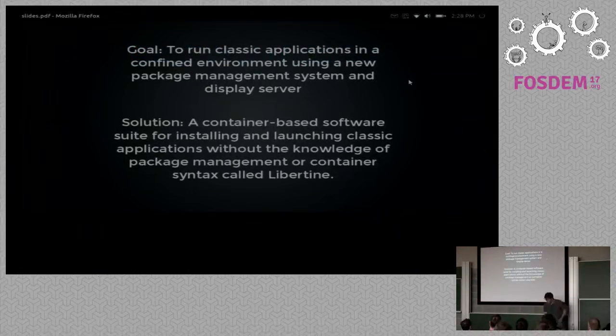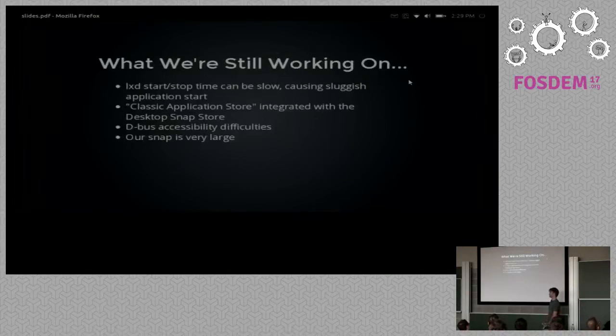To very quickly review, we wanted to be able to run classic desktop applications in a fully confined X11 ecosystem using a packaging format, and we use Libertine to do just that, mostly through Linux containers. And there's a bit of wizardry in the back end with snaps, and we have this working on a lot of our modern machines. There's obviously a lot that we're still working on.